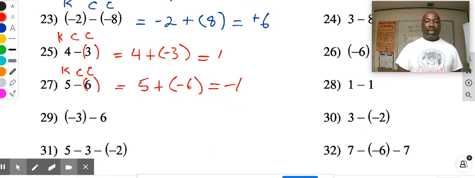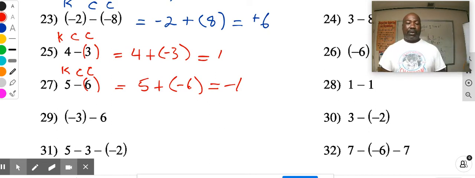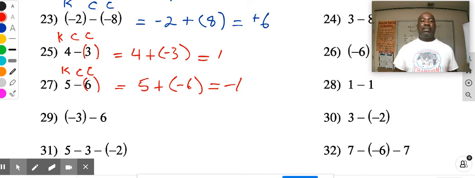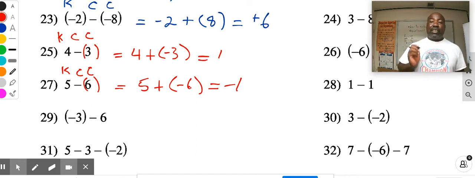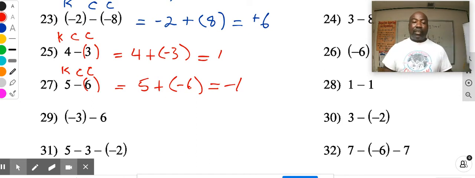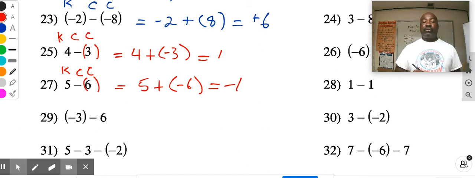Let's do number 29. You're going to have plenty of examples to practice on. Keep, change, change. You only use keep, change, change when the operation is a subtraction. The only time you use keep, change, change is when the operation is subtraction.